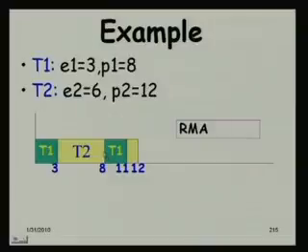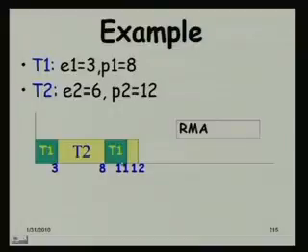Just check here that at this point T2's deadline is at 12 and T1's deadline is at 16. So, T1 has a further deadline than T2 and T1 should not preempt T2 according to EDF.